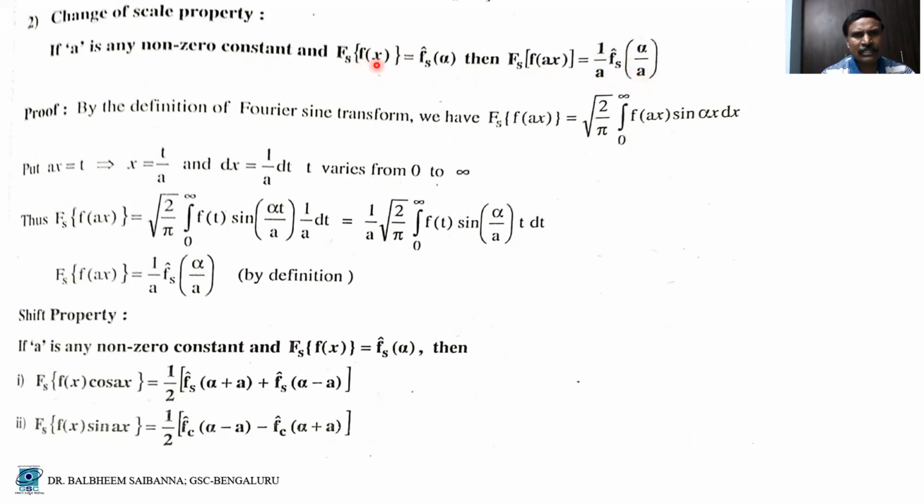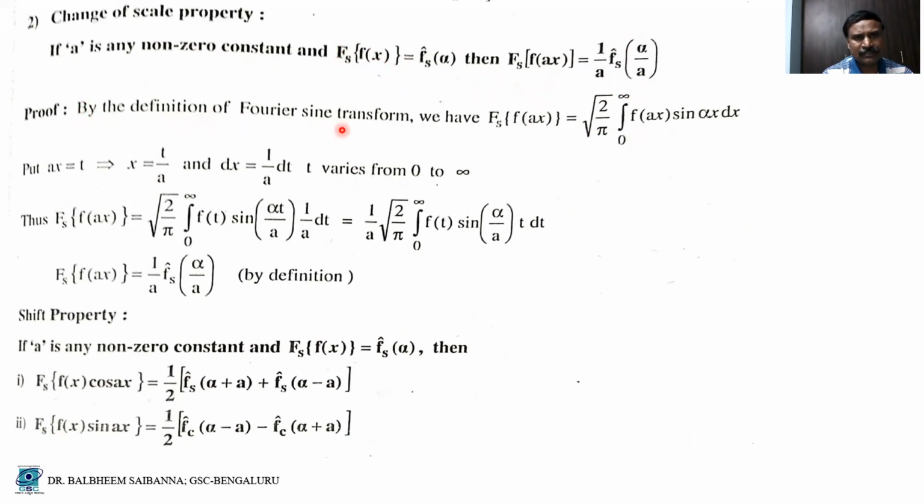Whenever f of x is there, here f of ax is there. The ax is extra for us, so if we add an extra a here, we'll get the right hand side Fourier sine transform in this form. We have to prove this one.